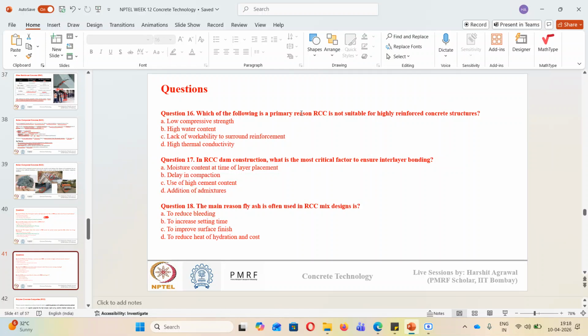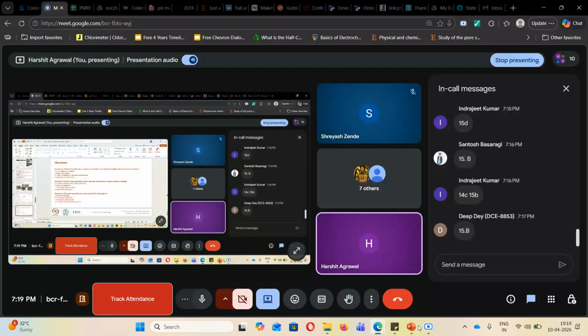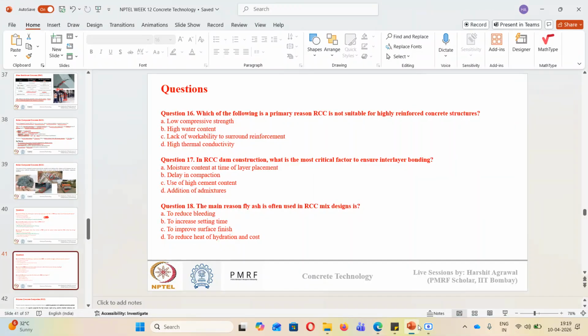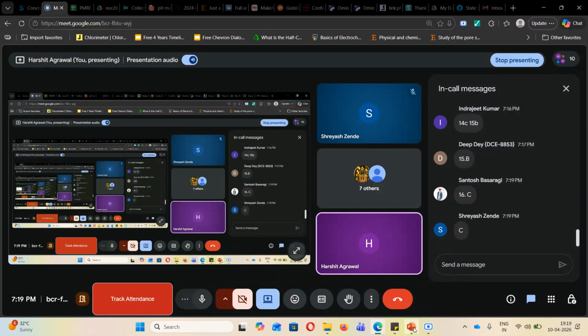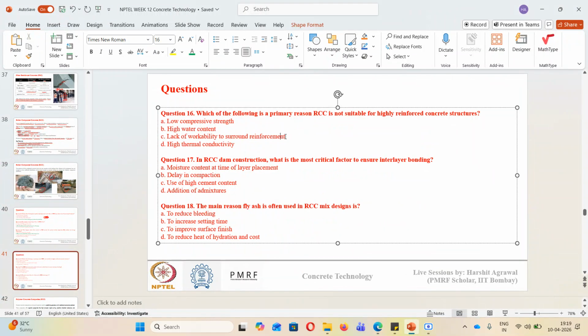So for such concrete, why don't we prefer to use roller compacted concrete? Yes, the correct answer is C.